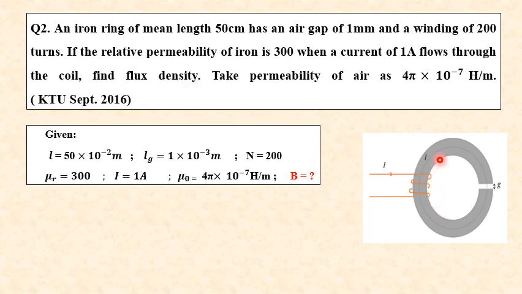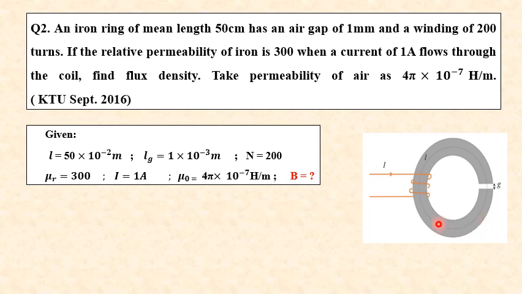By going through the figure we can see that here the flux is having only one path to flow. So this is a series magnetic circuit. Since in the question nothing regarding the leakage factor is mentioned, we can neglect the leakage flux.